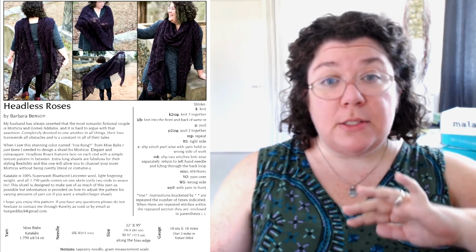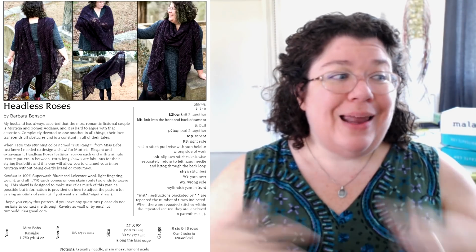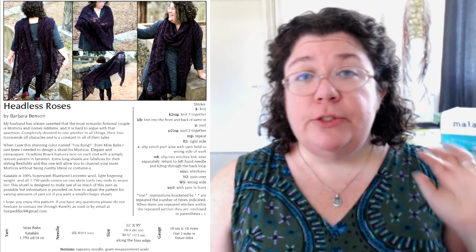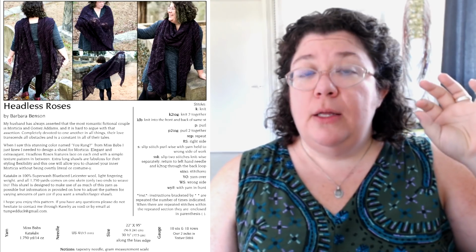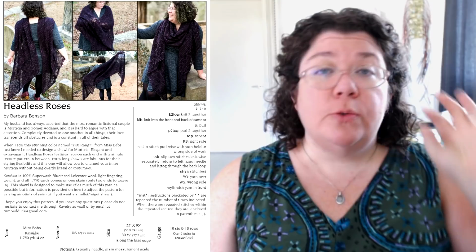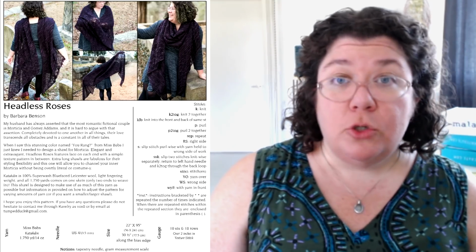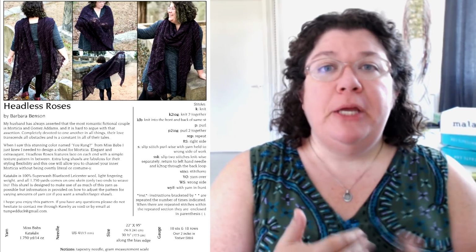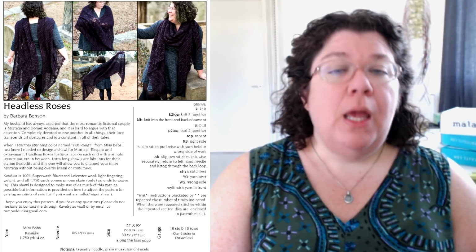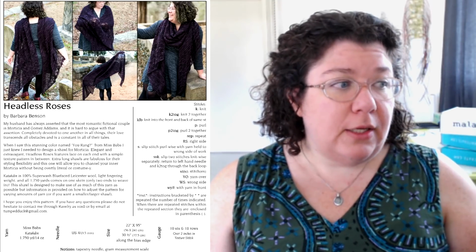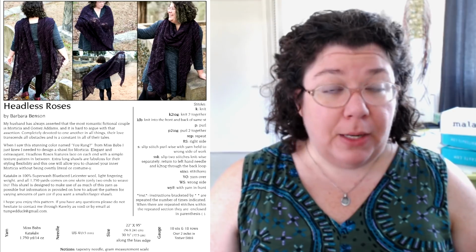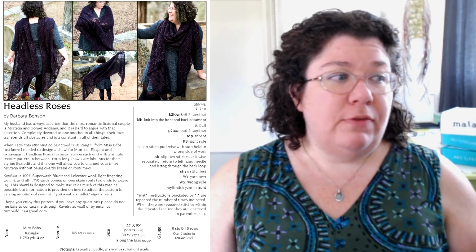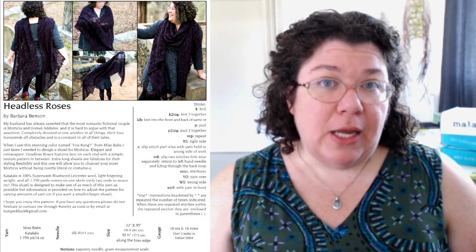That's telling you right side and wrong side. Again, any abbreviation that is being used by the designer should be in this stitch glossary, appendix, whatever you're going to call it. That information should be there. Now, if you are looking at these and you're fuzzy, and again, you're a beginner, you don't even really know how to do a knit 2 together.